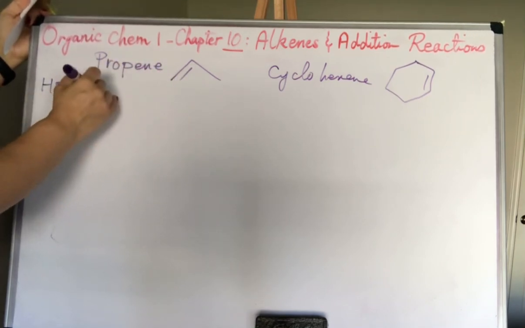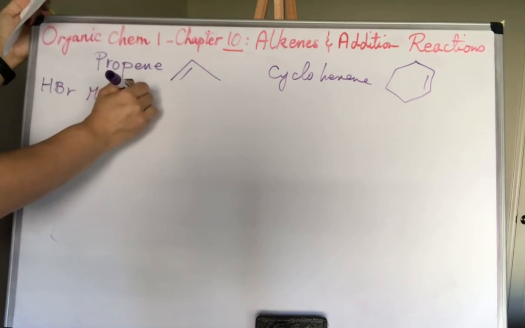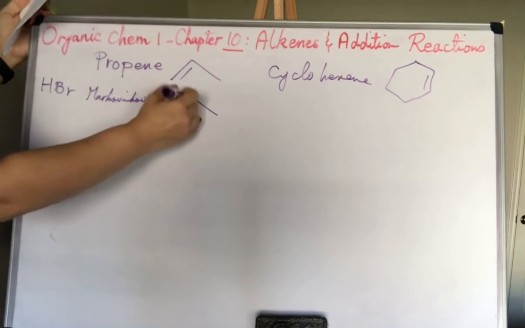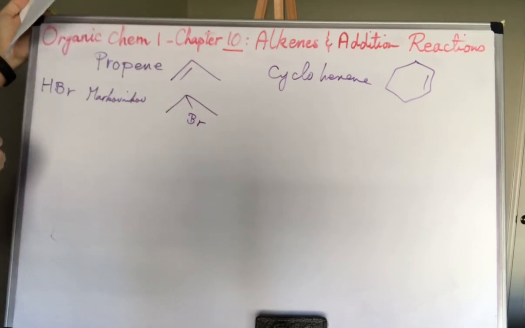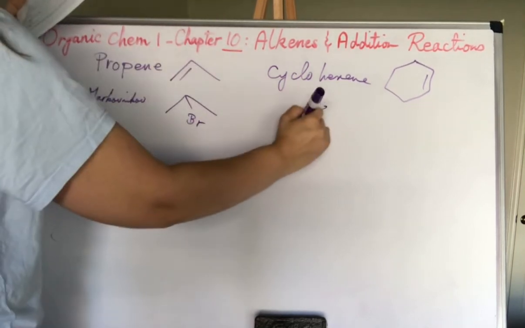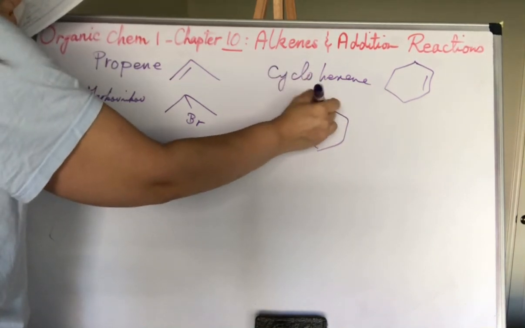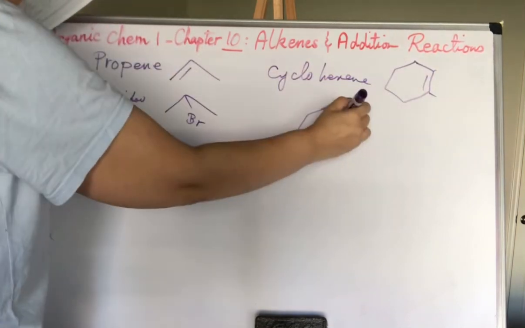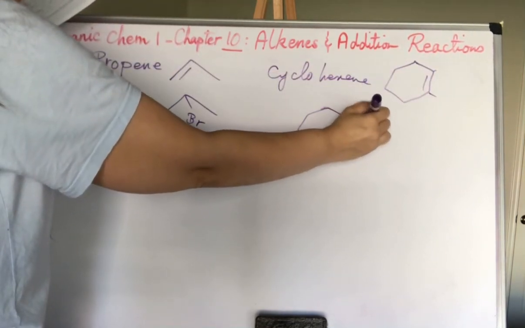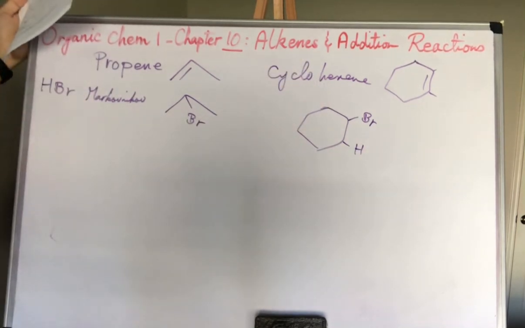This is Markovnikov. So you will add bromine to this side. To this compound, it doesn't matter because Markovnikov doesn't apply here, because each of these has a hydrogen. So with a bromine here, hydrogen here, or vice versa, as if you flip the molecule.